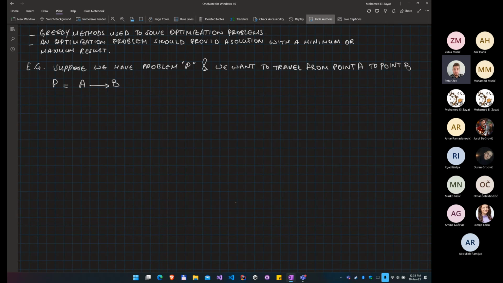Practically speaking, you have a problem where you would like to go from point A to point B. Now the question boils down to: how many solutions do we have for this problem? I would like to go from city A to city B, from Mostar to Sarajevo, or from Sarajevo to Zenica or Tuzla, or from Sarajevo to Munich, wherever. What are the available solutions? One solution would be going by foot. Another solution would be going by bike.